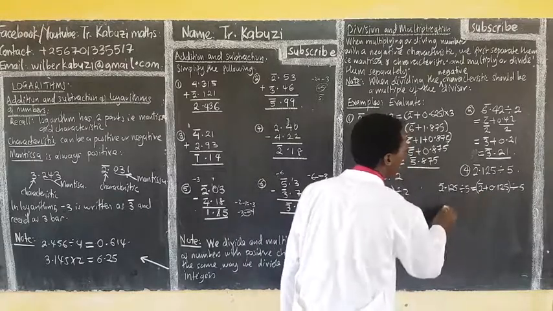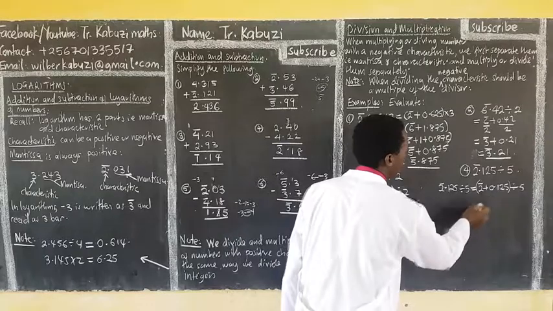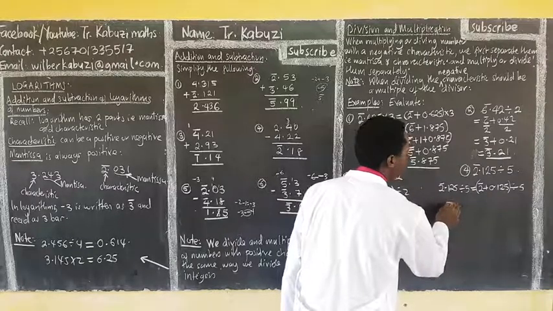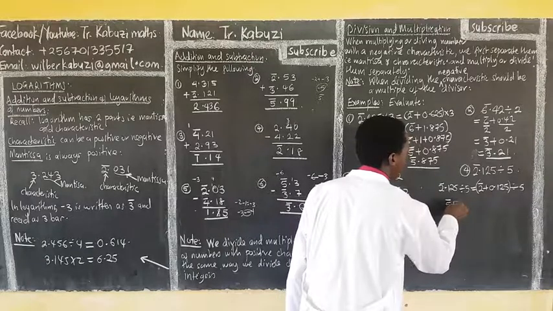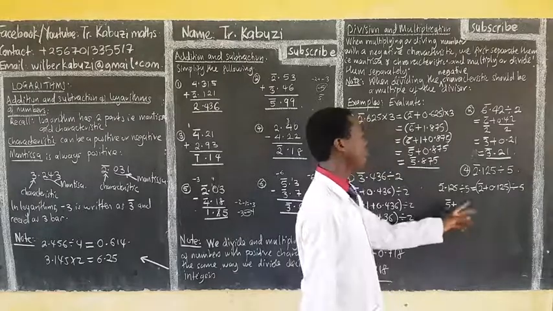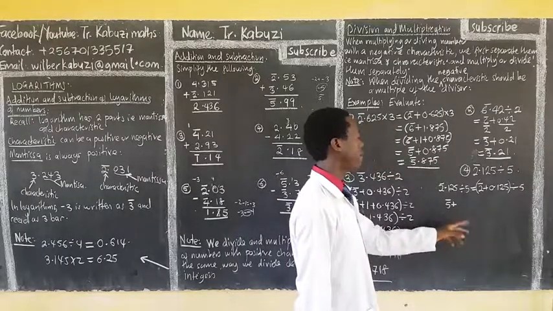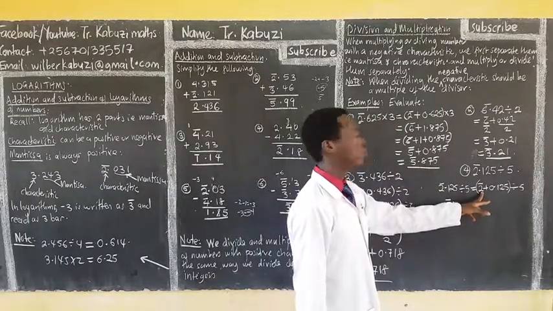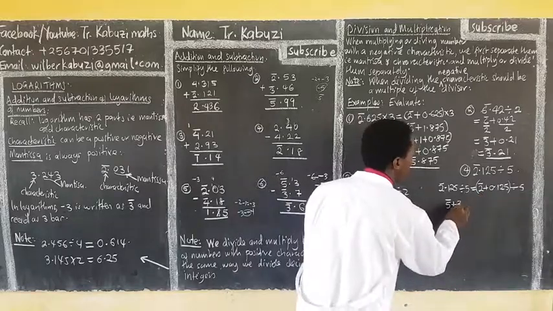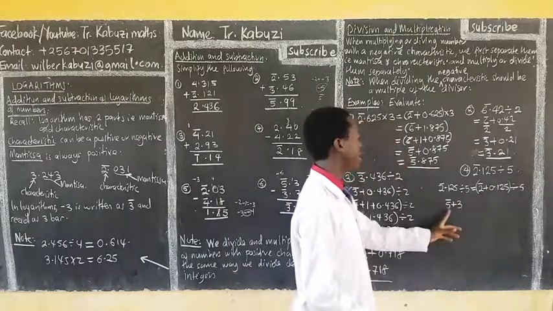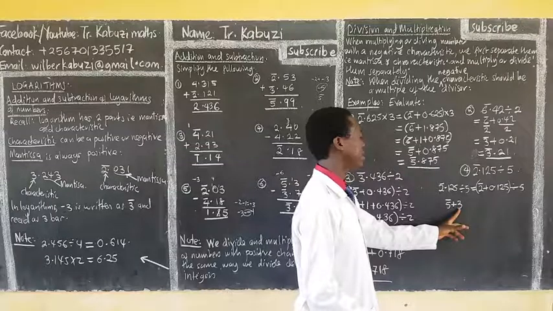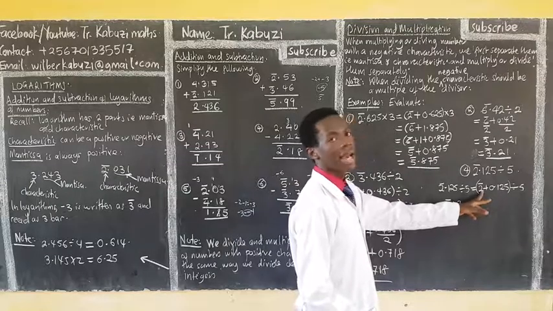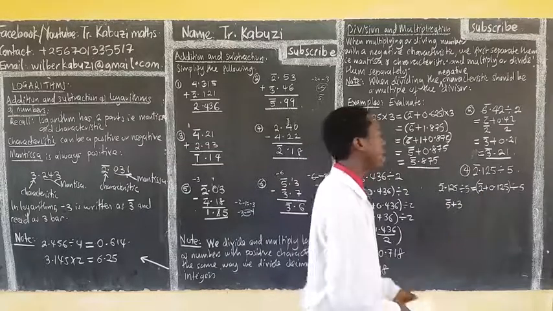So the whole of this is going to be 5 bar, then plus. Now what should I add to a negative 5 to get a negative 2? That is going to be a 3, because when I add a negative 5 plus a positive 3, I get a negative 2. So I've changed nothing.